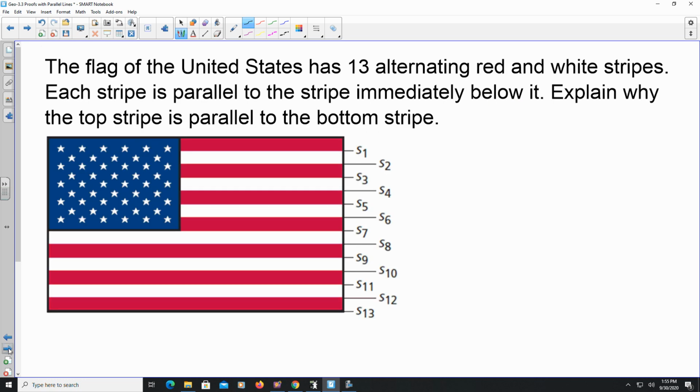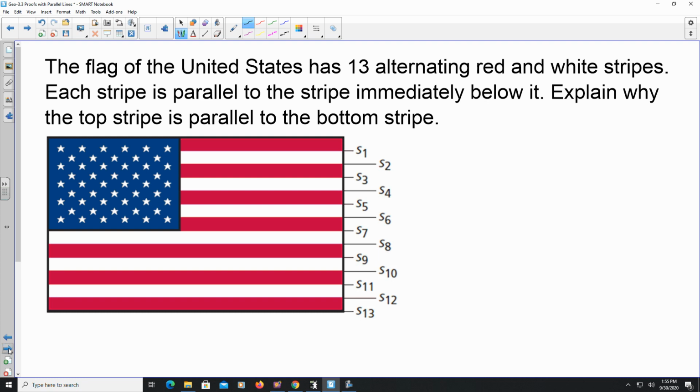With that being said, using that transitive property theorem, this particular one says the flag of the United States has 13 alternating red and white stripes. Each stripe is parallel to the stripe immediately below it. Explain why the top stripe is parallel to the bottom stripe.